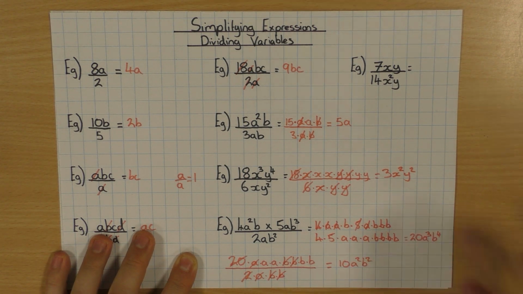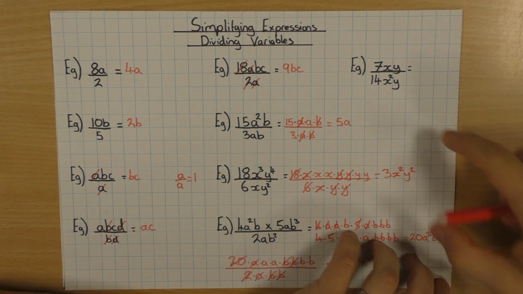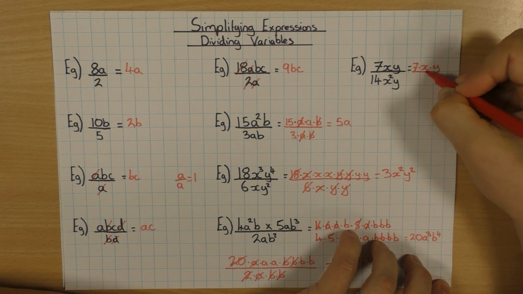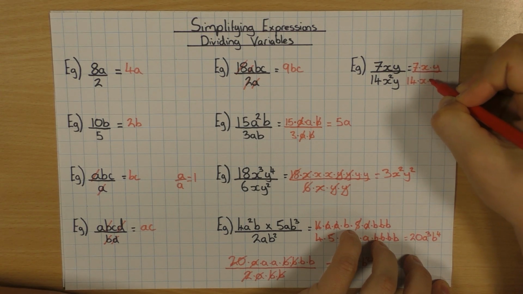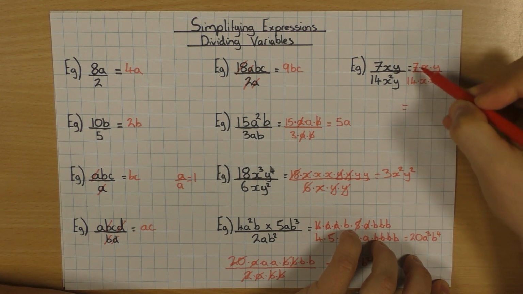Okay. Now, some of you might be wondering what happens if you don't cancel everything that's on the bottom. Well, let's have a look at this one then. So the same thing, I'm just going to write this out. 7 times x times y divided by 14 times x times x times y. So let's have a look. Well, 7 divided by 14, that's a half.